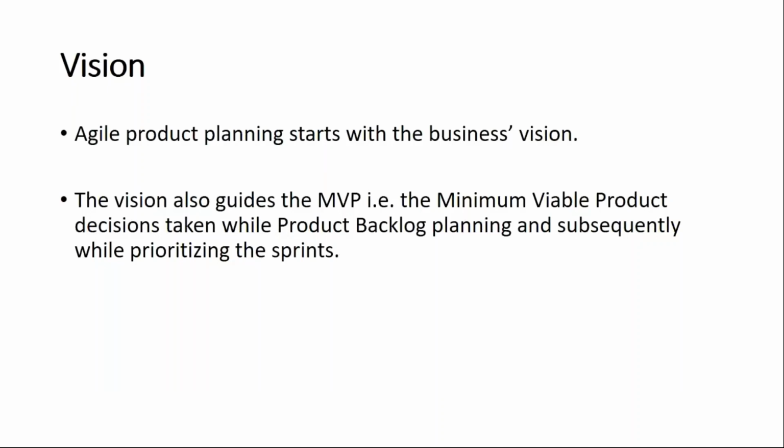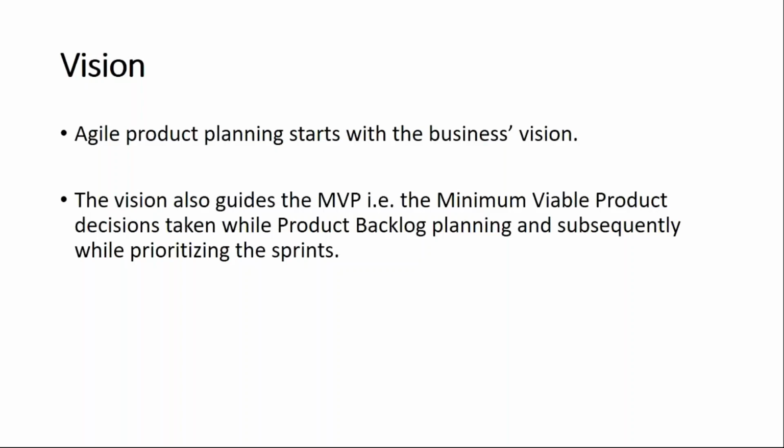So product planning starts with the business vision. In case any of you have been in the PI planning meetings, the very first meeting gets kicked off with the stakeholders' vision: what they're trying to address, why they're funding that particular project, what prompted that project to arise.